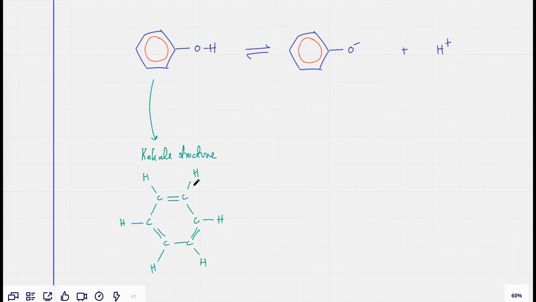What it really looks like, for that we need to understand hybridization. Does anyone know what hybridization is? If carbon forms a double bond, what type of hybridization would it do? Is it sp3 or sp2 or sp1? Sp3. Now you remember, sp3 is when carbon is bonded to 4 atoms.